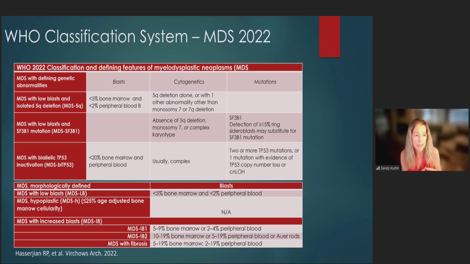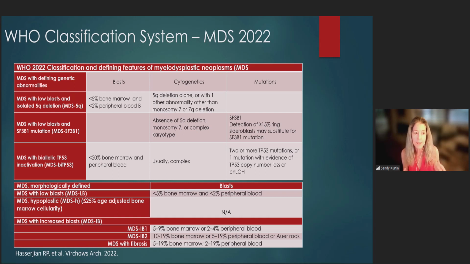So the first thing is MDS with defining genetic abnormalities, and we're still going to look at the blast percentage, so that is still important, but much more focus now on cytogenetics and the presence or absence of mutations.